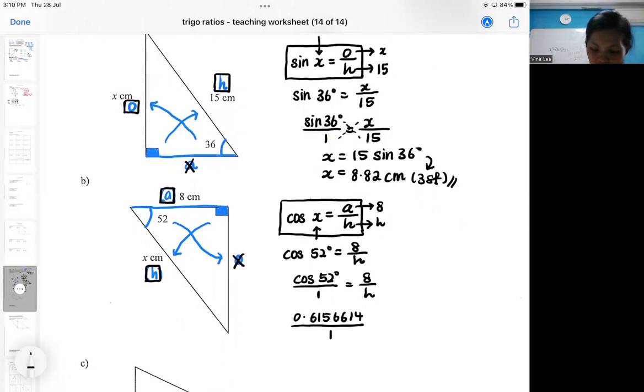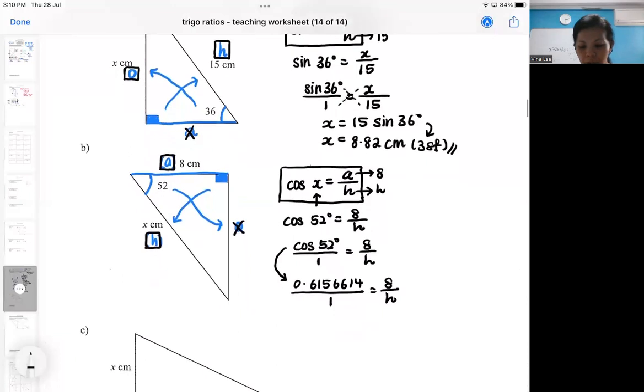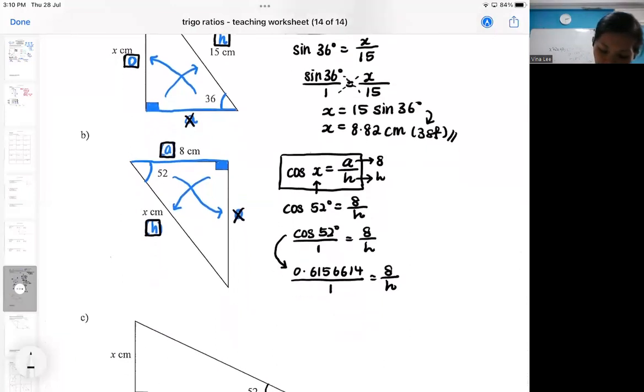You got to write quite a number of decimals. So you got to punch calculator on this one. It's going to get you quite a lot of decimals as you cross multiply, but that's fine. You are still on the right track.